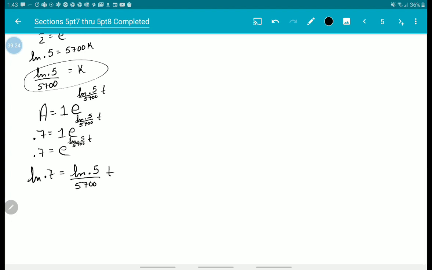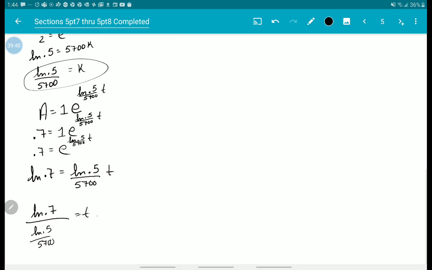To get t by itself, we need to move this guy. So we can divide. So I'm going to rewrite that. So isn't that the same thing as this?